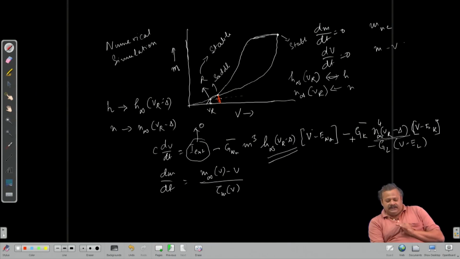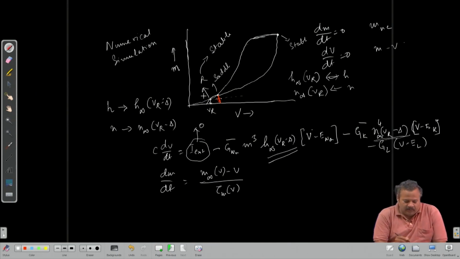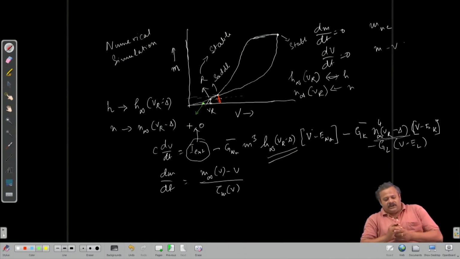What happens in this case is that we are now starting the system at a slightly lower value of m, from 0.1, and VR minus delta, somewhere here. We are starting the system somewhere at this point. This is where the system is, the green dot, at the end of the current clamp, which we had shown by the circle at the end of the current clamp in green.